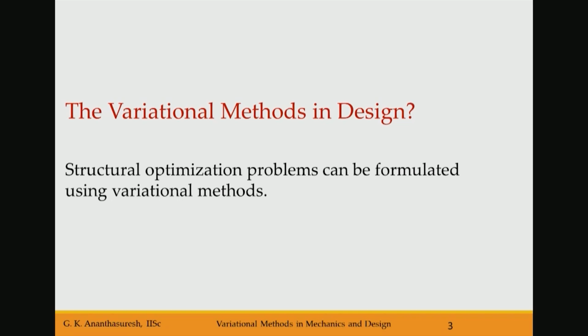So, variational methods are useful in mechanics and also in design, because the purpose of structural optimization is actually design. Both can use what we call variational methods, which is the focus of this course.